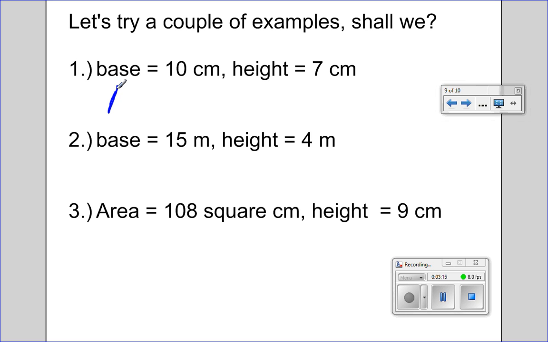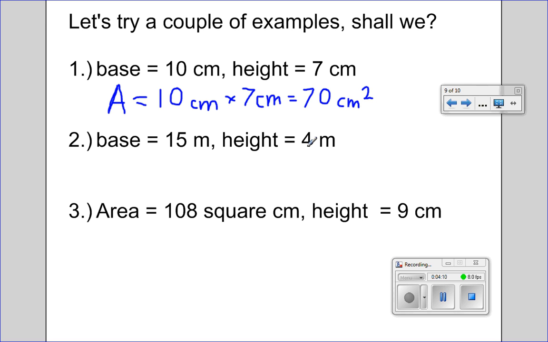So using my area formula of base times height, area equals 10 centimeters times 7 centimeters, which equals 70 centimeters squared.